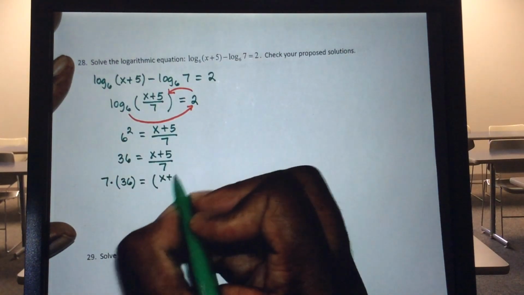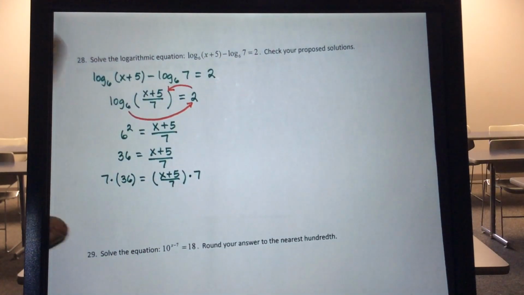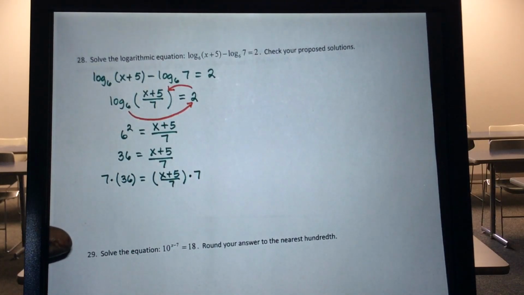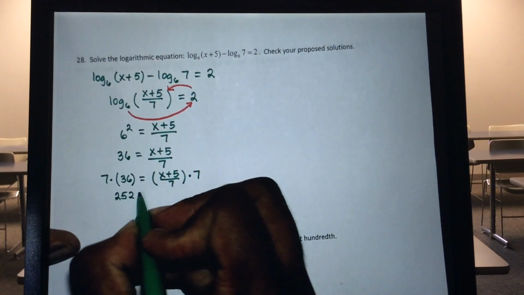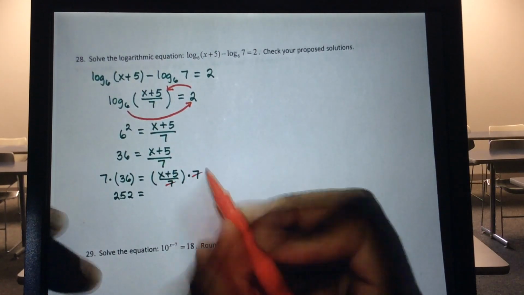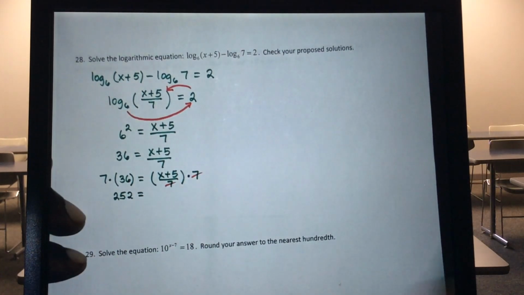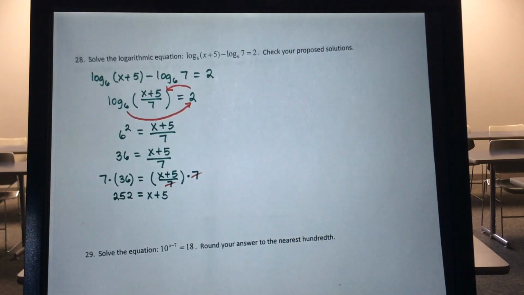Because I'm dividing by 7, the opposite of that would be to multiply both sides by 7. Now, when I do 7 times 36, I'm going to get 252. And that's equal to, and these 7s divide out, I'll be left with x plus 5. And that's equal to 252.